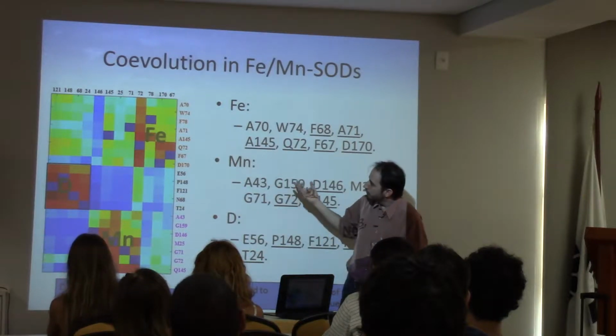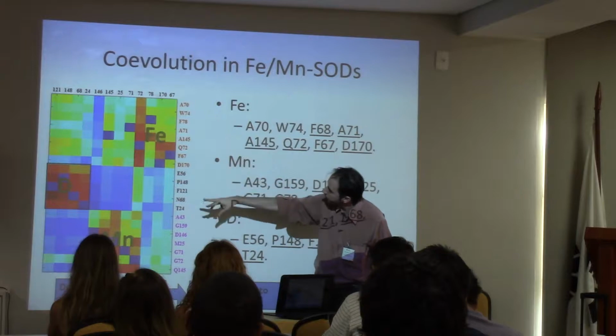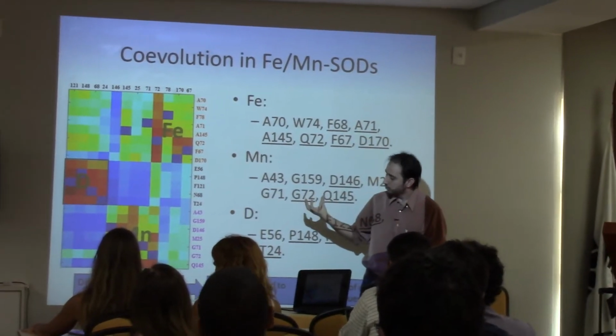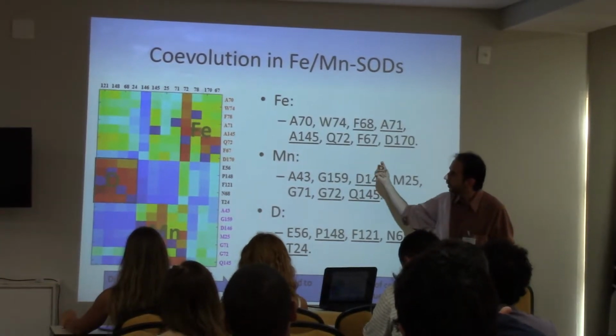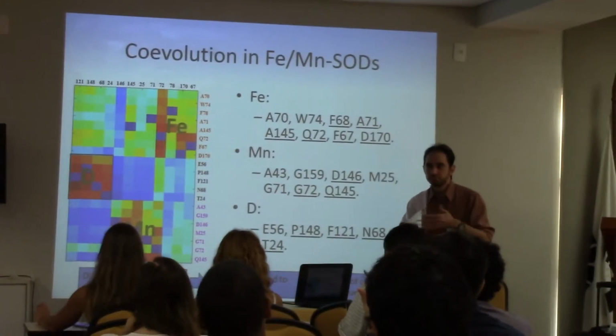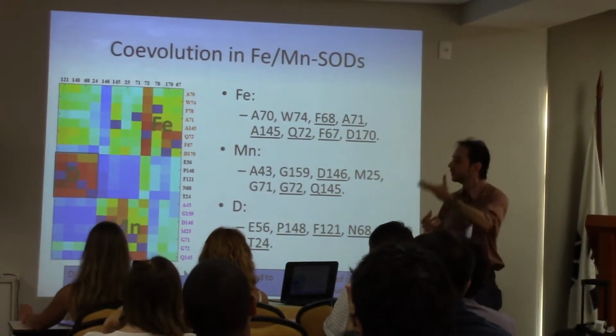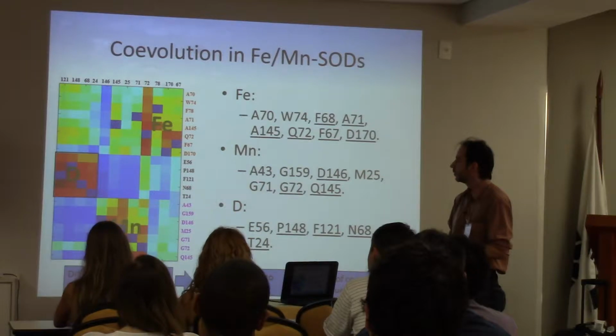And if you look at one that's more bluish, for example, T24 and 145, it's blue because there's a given distribution of residues in position 145, but the fact that you have a threonine in position 24 simply doesn't change what you see in this position. So this is a way of finding coevolution.